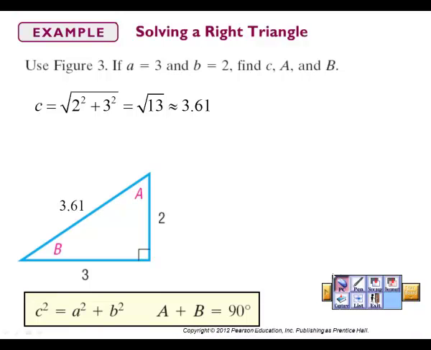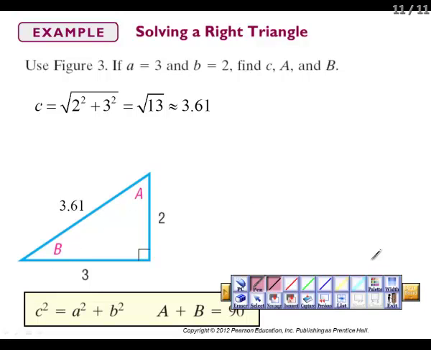And so at this point, some people like to start with finding the inverse of the bottom angle.